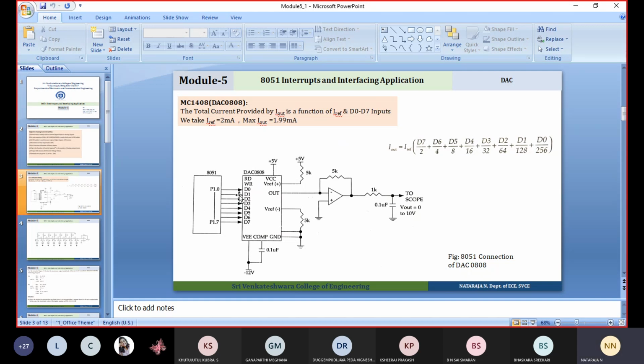Then we interface it with the 8051. So what we need to do is convert the digital signal to an analog equivalent. Okay, make a note of this circuit diagram. Then we'll discuss how exactly we convert our digital signal to an analog equivalent. Make a note of that.